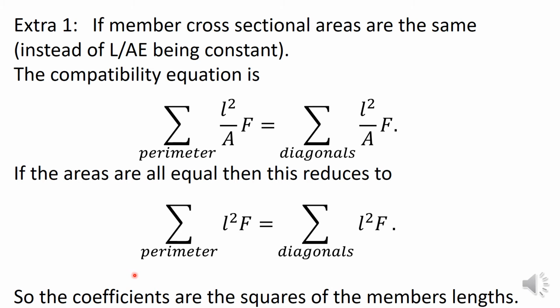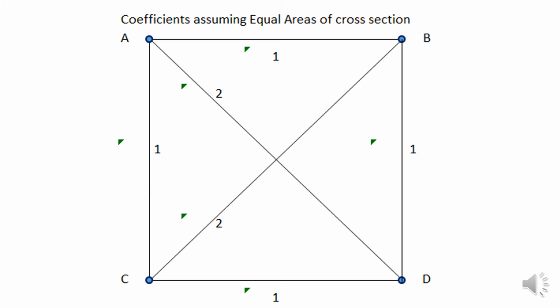So you can see here the coefficients are the squares of the member lengths, not just the member lengths as we had before, but the squares. So these are the coefficients. Notice you have the 1s, which is 1 squared on the perimeter, and you have 2 on the diagonal.